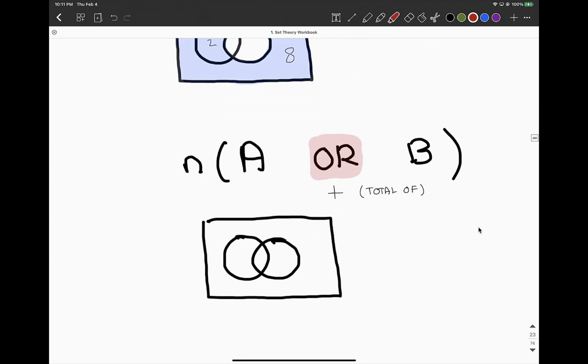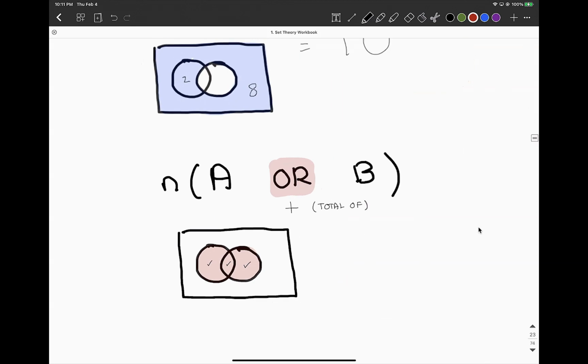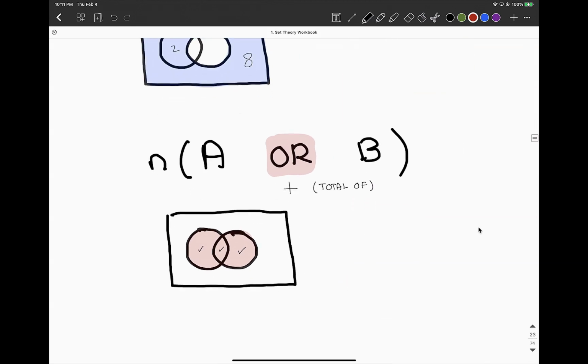Everything that's in A plus everything that's within B, which means I'm interested in all of this stuff. Some stuff was overlapped, yes, but we're just not going to count it twice. We just need to take the total.